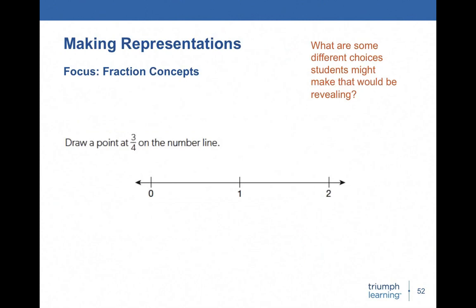If we redesign that item and provide a grid, rather, to show 5/6, now the student actually has to make the choice about how to use that grid. So what are some of the different choices students might make?